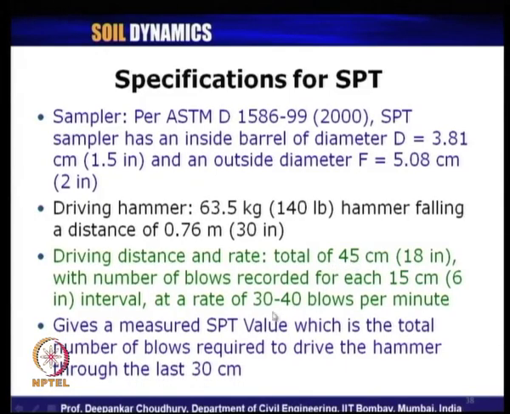The initial 15 centimeter depth is not considered, because it is considered the initial disturbed zone or the seating value. So, to penetrate that last 30 centimeter, the number of blows required gives us the SPT value, or the raw data of the SPT N value.